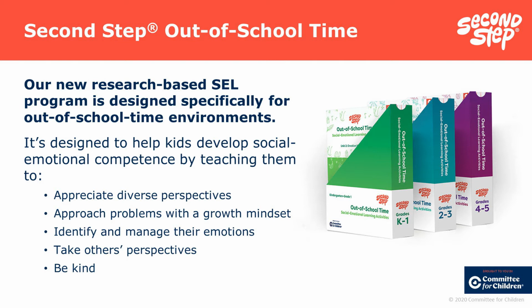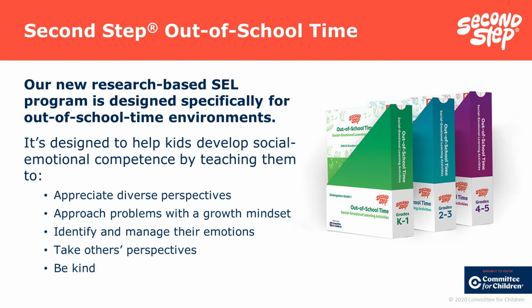That's the A in the SAFE acronym you just heard about in the video. The program is designed to help kids develop social emotional competence by teaching them to appreciate diverse perspectives, approach problems with a growth mindset, identify and manage their own emotions, take others' perspectives, and be kind.